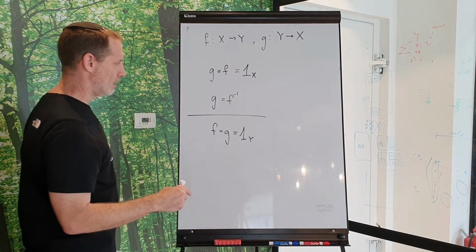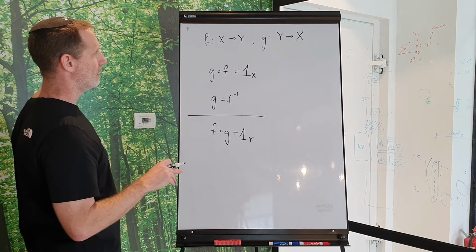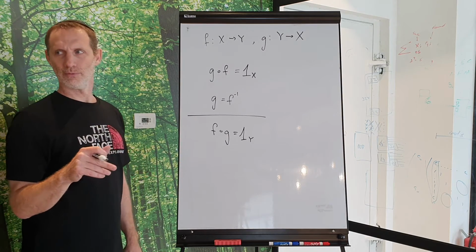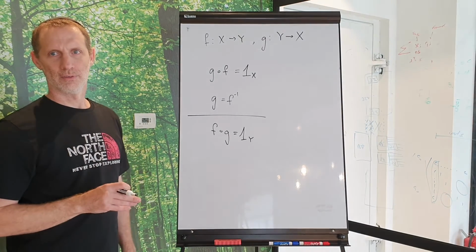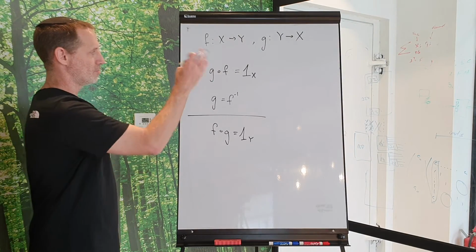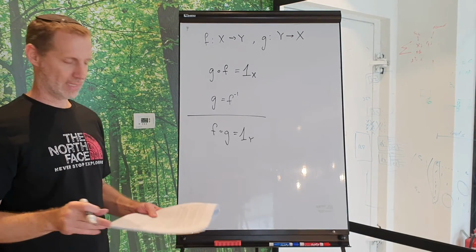If they both exist, then we just call it the inverse. If g is the inverse of f, then it's both the left and right inverse.